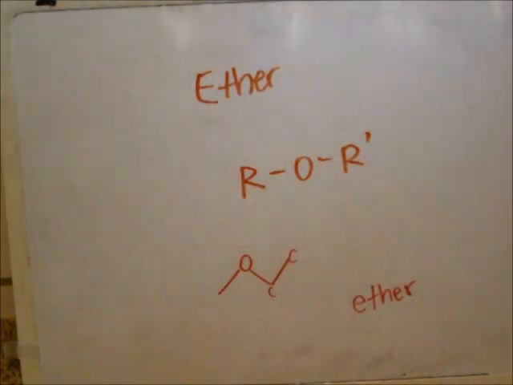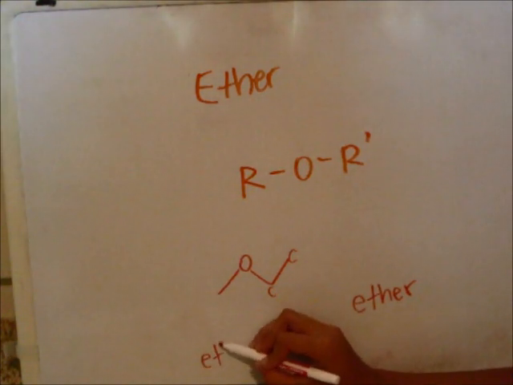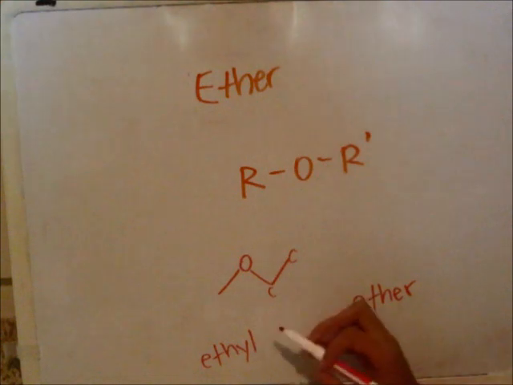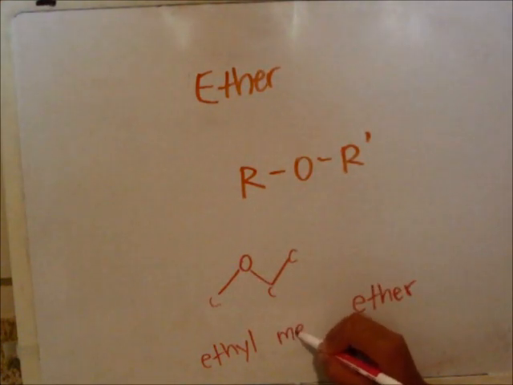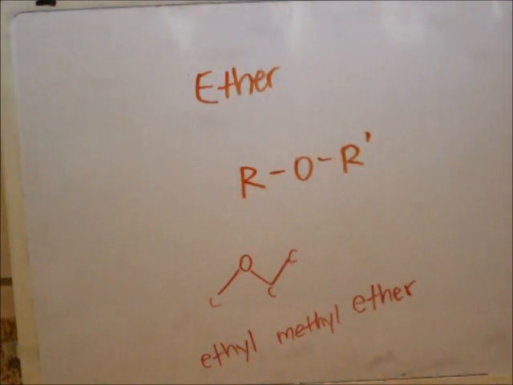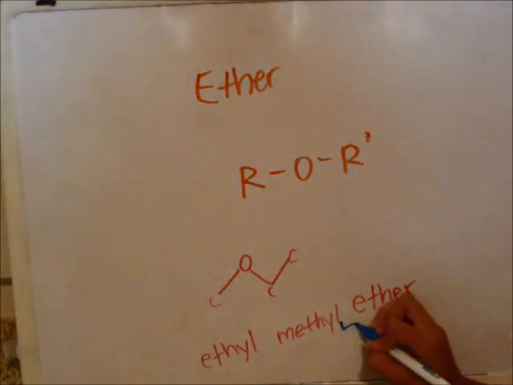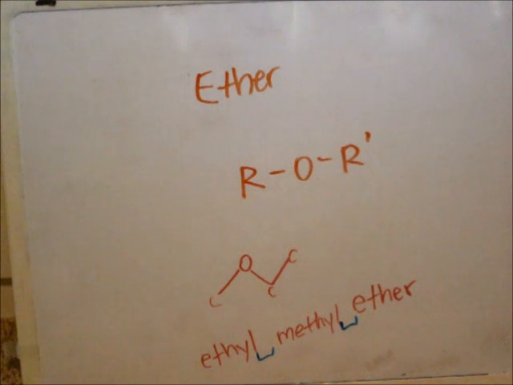So we'll say there's some sort of ethyl group. Remember those YL groups from earlier? Ethyl. Then on the other side, there's only one carbon. So methyl. Ether. And this time I actually left the spaces in between, because these are all separate words. This is three different words. Ethyl, methyl, ether.